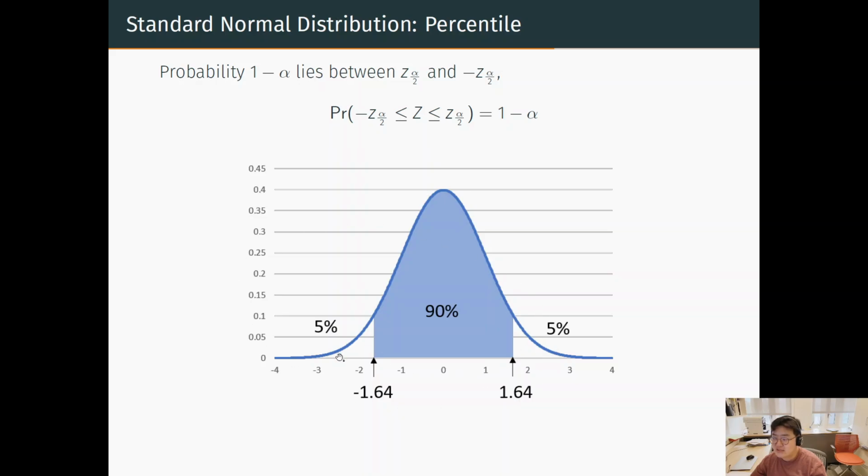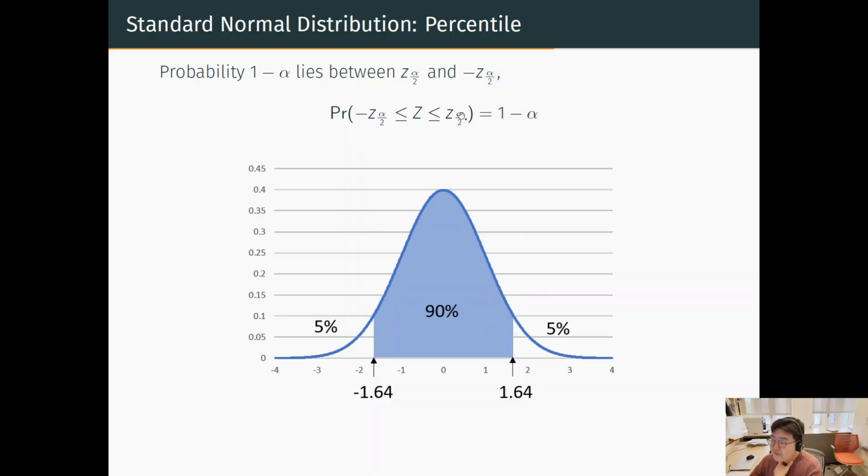So this is the common notation, the common method we are going to use in the future, right? So if you are interested in the middle probability of 1 minus alpha, say 90%, then alpha is 10%. Then you have to drop 5% from the top and 5% from the bottom.